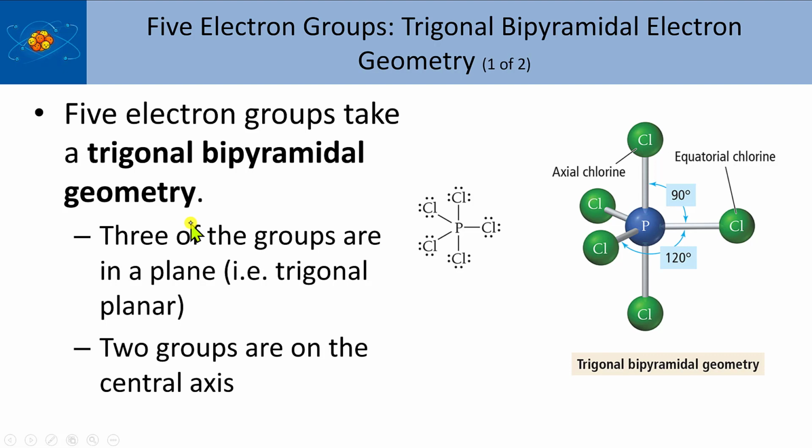And in essence, the way the trigonal bipyramidal geometry works is for this molecule example PCl5, we have 5 groups on the central atom with no lone pairs on the central atom. The chlorines around the equatorial region, so the equator, like on the Earth has an equator that goes around the sides, is actually in the trigonal planar geometry.